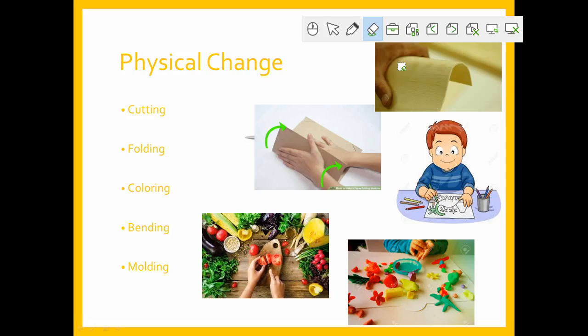Okay, so these are some examples of physical change. The matter stays the same. We don't have a new matter. The tomato stays tomato. The paper stays paper. The paper here stays paper. The same matter. The Play-Doh also stays Play-Doh.